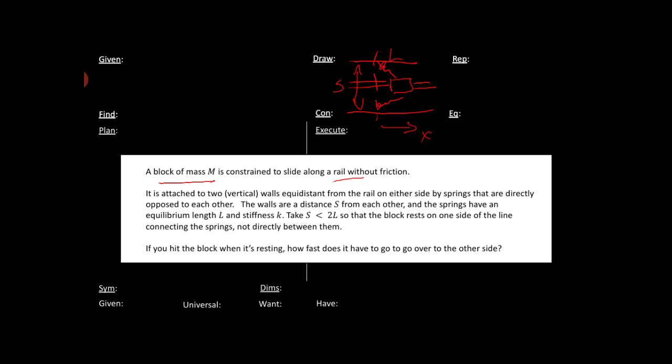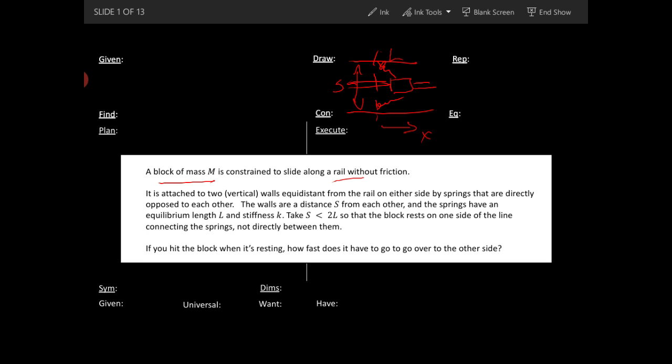So what I'd like to do is push this block from here to here on the other side. What will be going on here is that the block has got two equilibrium points.